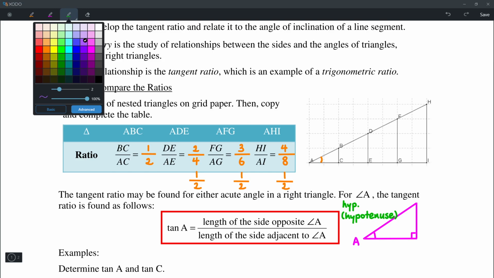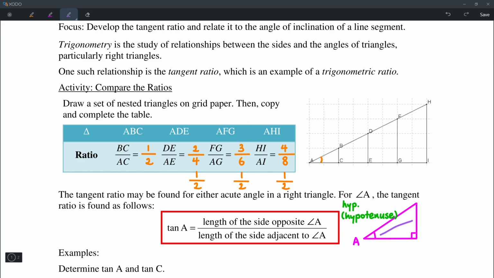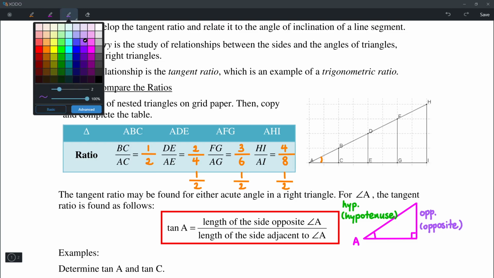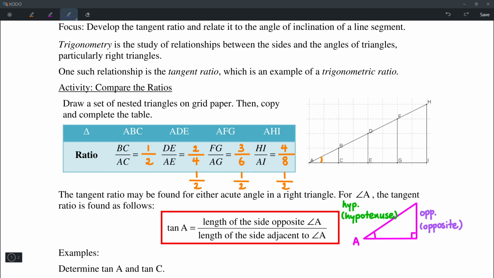We have the side that's opposite from angle A, and that will be the opposite side. Just adding some shorthands here. And finally, this third side is the adjacent side.